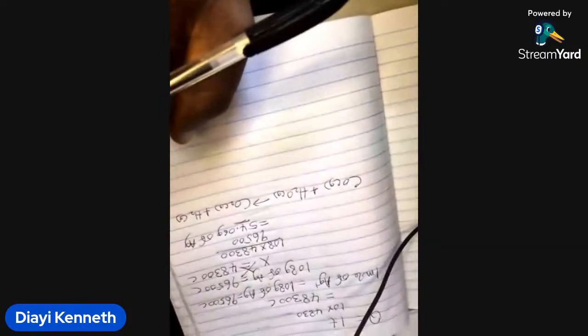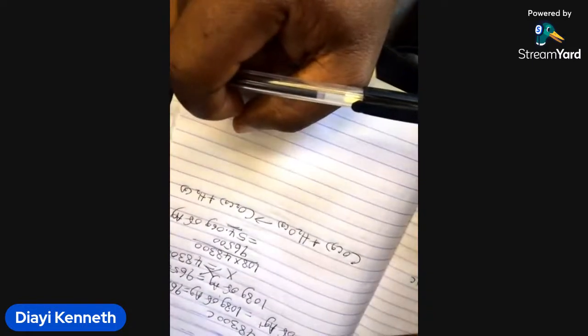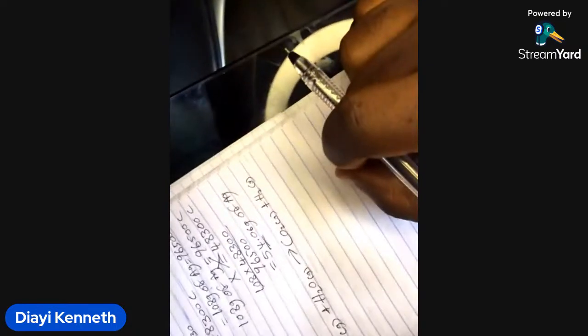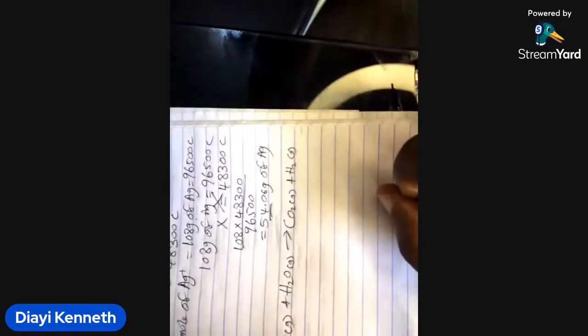From the reaction above, calculate the standard heat change if the standard enthalpies of formation of CO2, H2O, and CO gas in kJ mol^-1 are minus 394, minus 242, and minus 110 respectively.